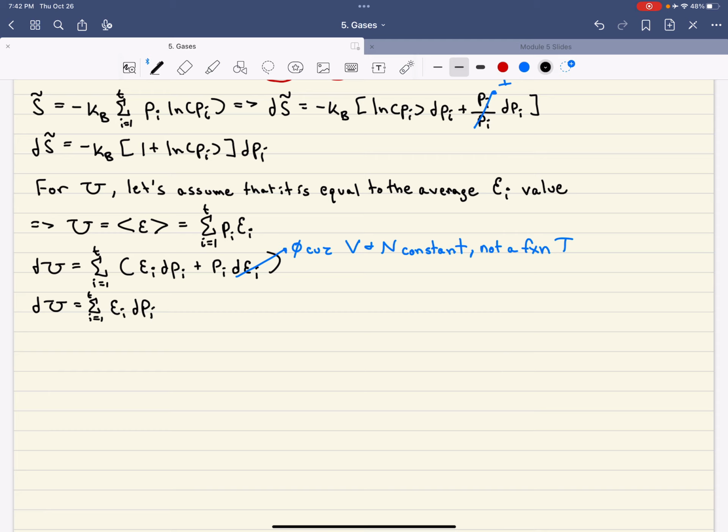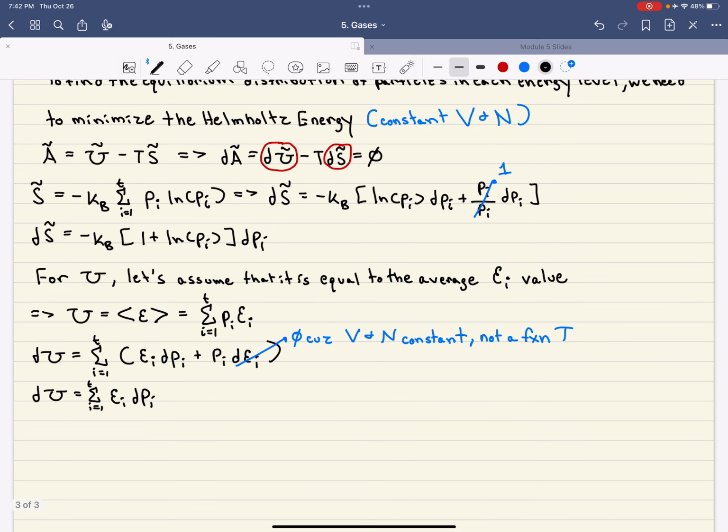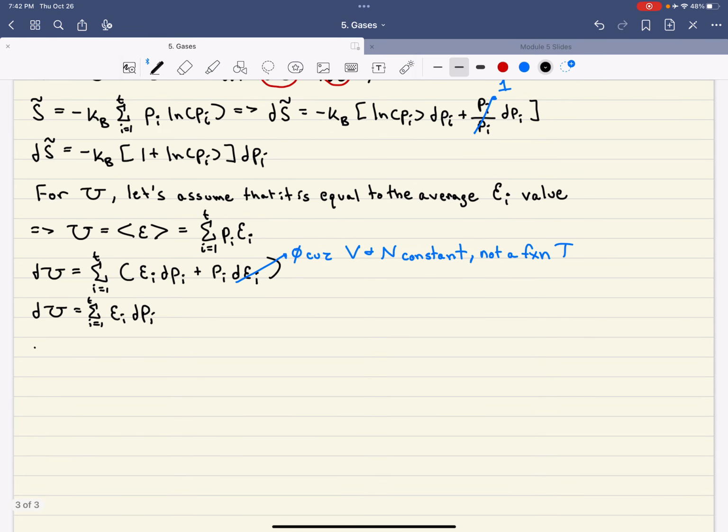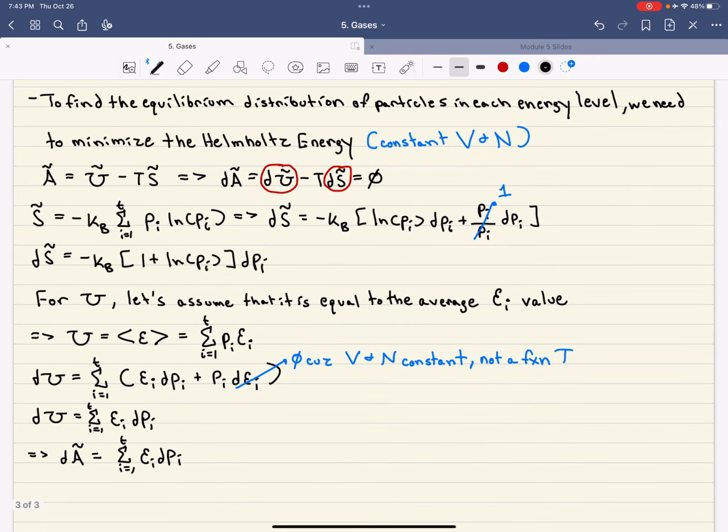So now we have both ds and du. For our Helmholtz dA, we can now just plug in. We'll plug in du, epsilon dpi, and then we're going to plug in our ds.